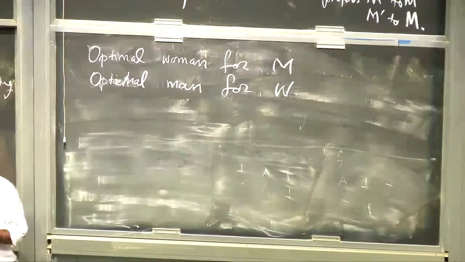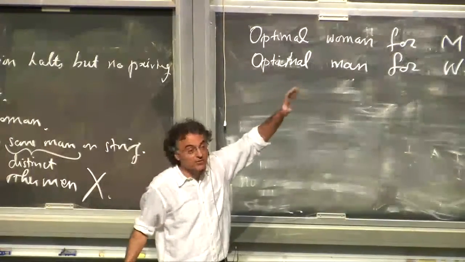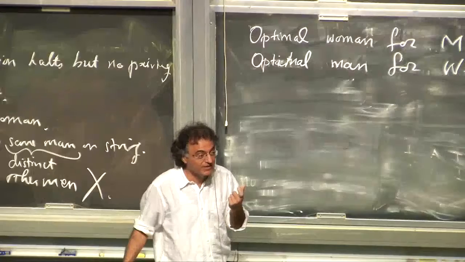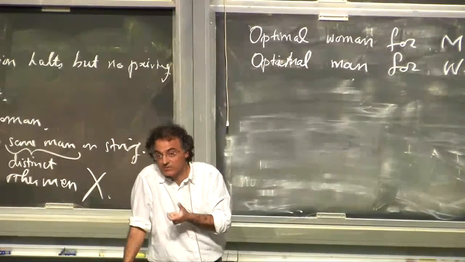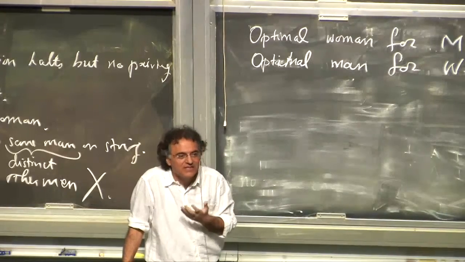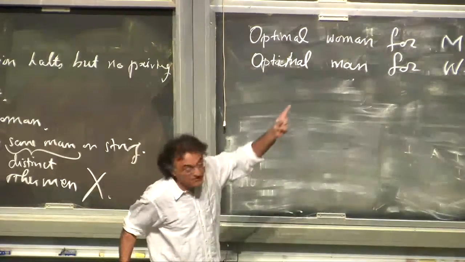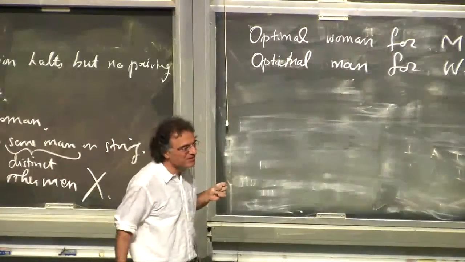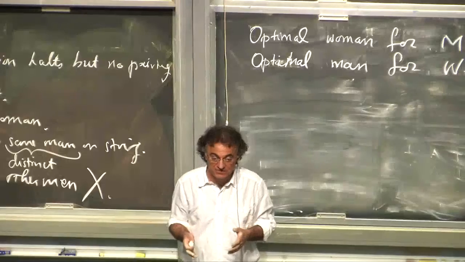You're given the preference list and you want to know what's the best choice for each man and for each woman. You might think, why does this need defining? It's obvious, it's the first one on their list. That's the best one. But what we mean by optimal is the optimal feasible.